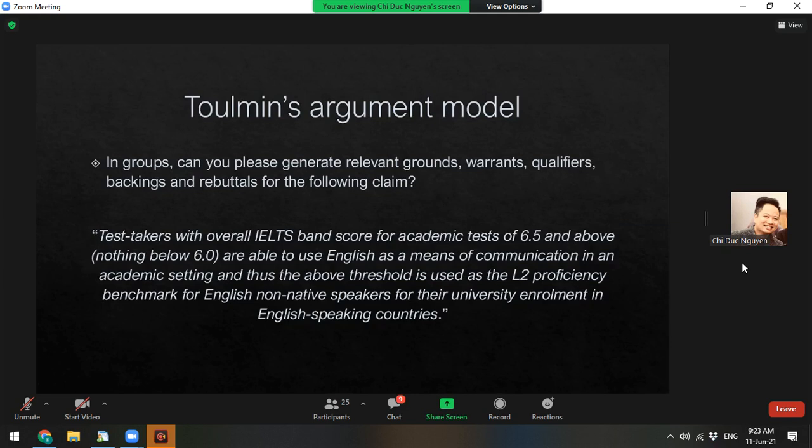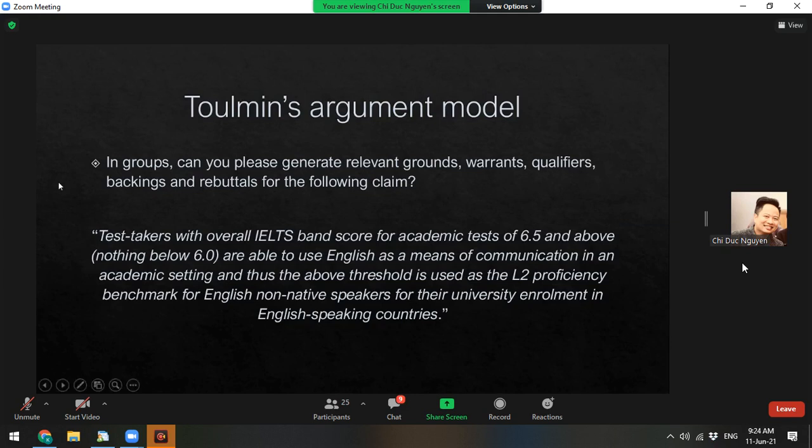Now, I would like you to work together with your partners in groups, and you have to generate the relevant grounds, warrants, qualifiers, backing, and rebuttals. Of course, when you try to generate it, it doesn't have to be correct all the time. Just try to give it a go to see how you understand the insight of the above concepts.